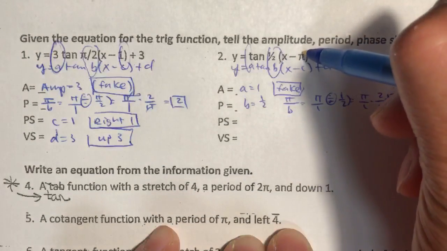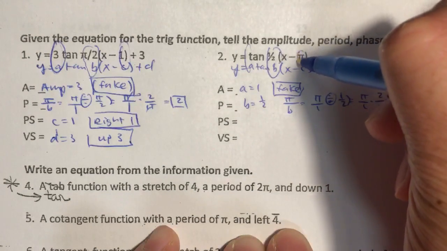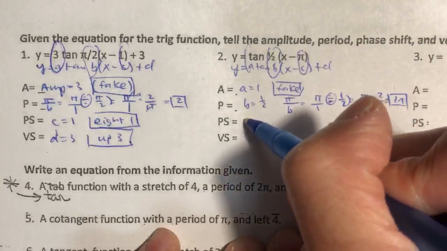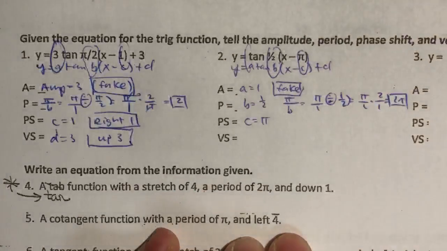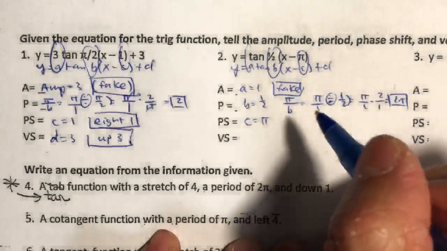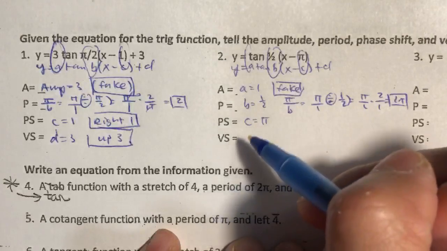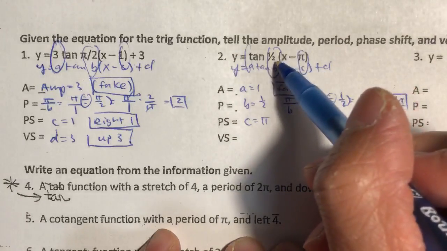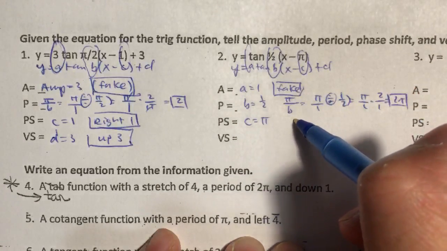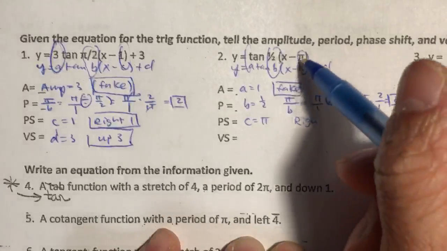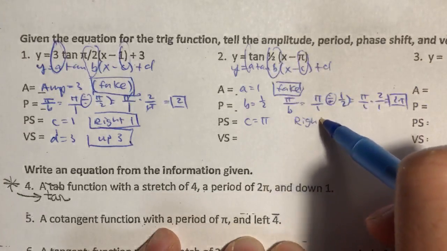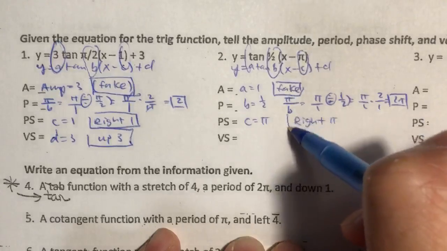My phase shift, notice the subtraction sign, I'm not going to highlight it, so c is equal to pi. And add to x, go west or left. This one's going to the right. So you're not adding, you're subtracting, so it's opposite, so right pi.